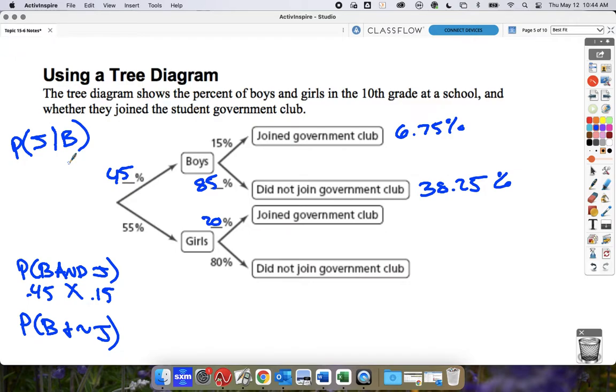This top number is the number of boys that are in the club, boys and club. What number is that? What's the percentage of boys? What is that? 6.75 divided by 45.